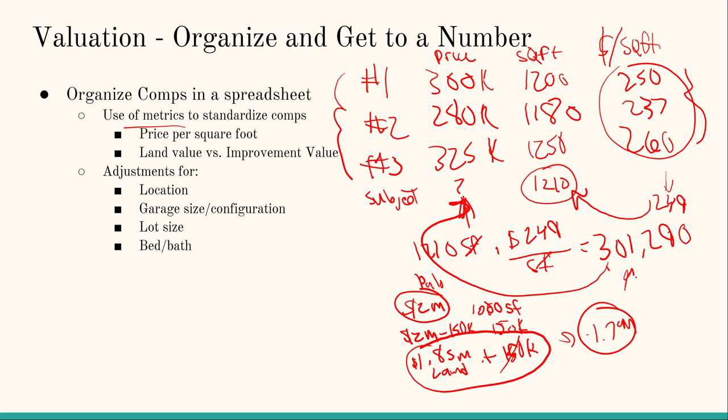Bed bath count. If the comps have more bathrooms, for example, and the comp is a 3 bedroom 2 bath and yours is only a 3 bedroom 1 bath, then you'll have to adjust for that extra bathroom. So if the comp sold for 300,000, maybe subtract out 30,000 for your bathroom, so yours is only worth 270. So there's going to be some adjustment for that difference.